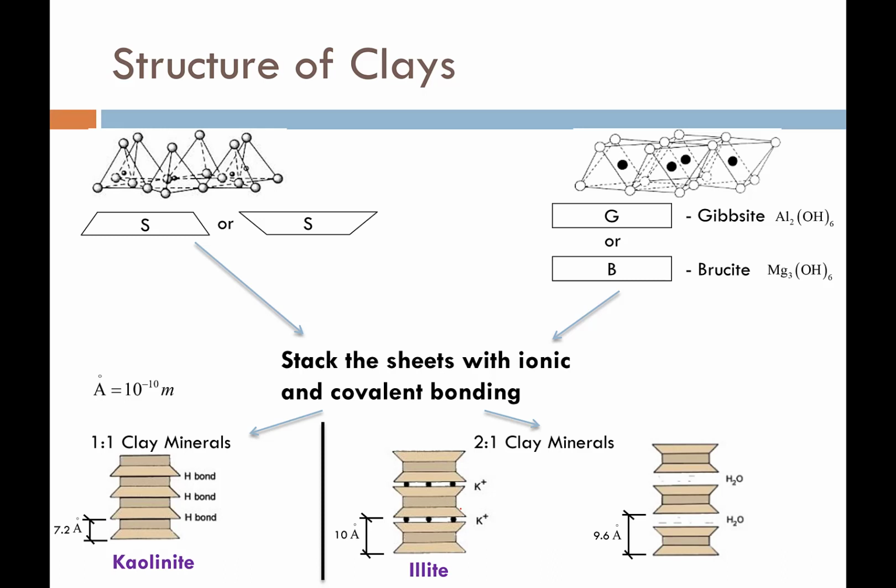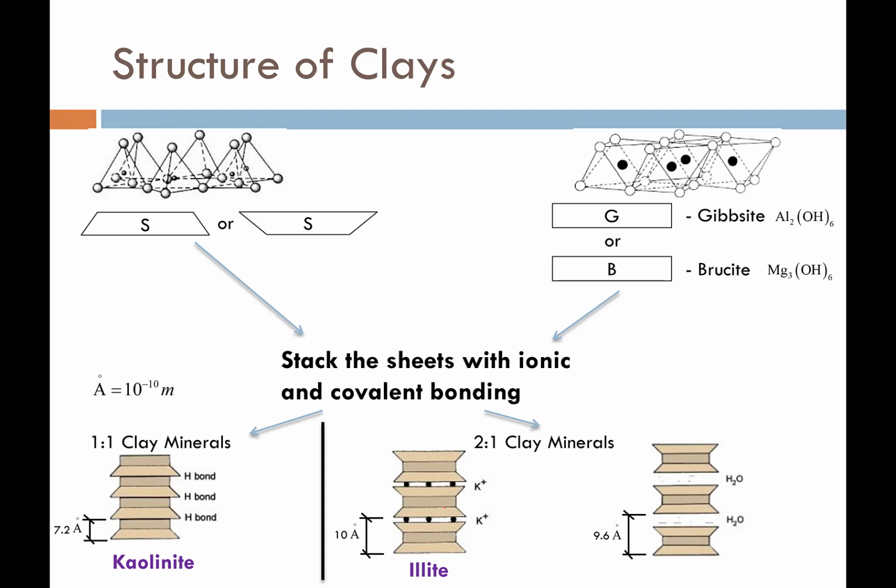Illite is a little more reactive than kaolinite, and depending on the cations that are available, it can actually become quite reactive in the presence of water and other cations. But for this example, if we have potassium in there, it's really not too bad.